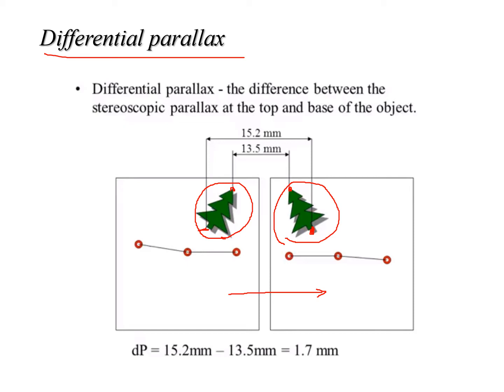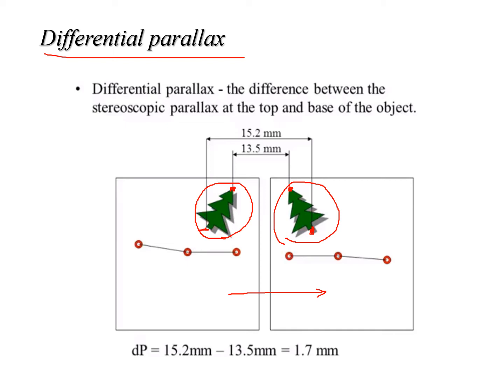Now there is one instrument called the parallax bar. Parallax bar is a kind of mechanism which is used to measure the distance between, let us say, the top on the first image and the top of the same object in the second image. We will see in the next slide how a parallax bar looks. But let us understand what we have to do here.